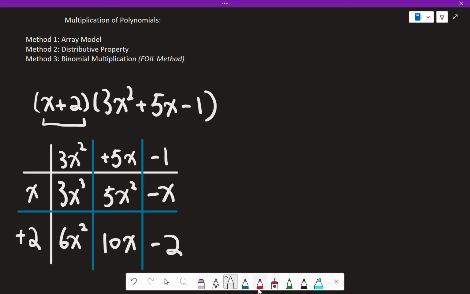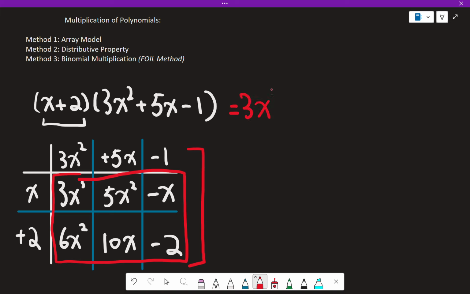So, what could we get from this table right here? The array model will tell us that the result of this multiplication of these two polynomials would just be the sum of all the monomials we get inside this array, which would be 3x cubed plus 5x squared minus x plus 6x squared plus 10x and minus 2.